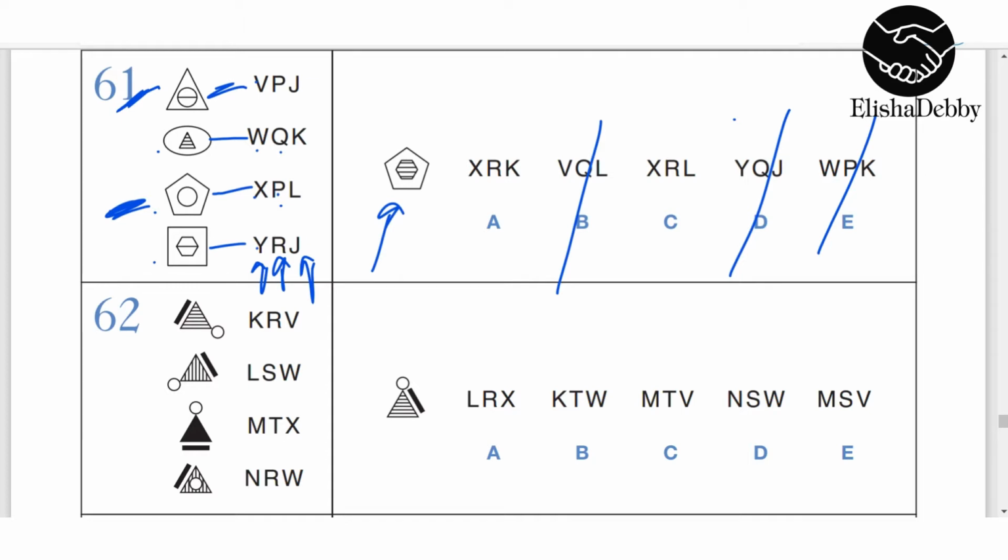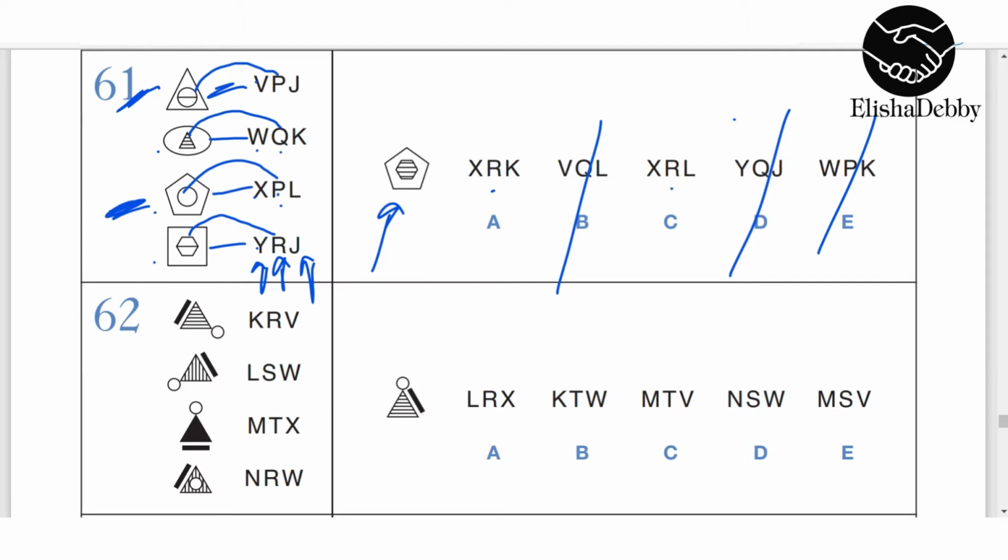So shape, inside shape, that means the circle is P, triangle is Q, circle is P, and a hexagon is R. What is inside here is a hexagon. We're expecting there to be an R for the second shape. Yep, this has an R, this has an R, so we're on the right path.